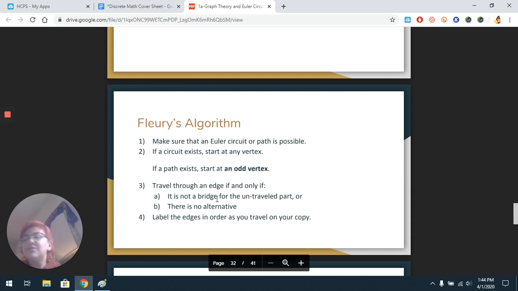If a circuit exists, you can start anywhere you want. But if a path exists, but not a circuit, you must start at one of the 2 odd vertices. So you travel through an edge if and only if it is not a bridge to an untraveled part, or there is no alternative. So you can label the edges in order as you travel on your copy.